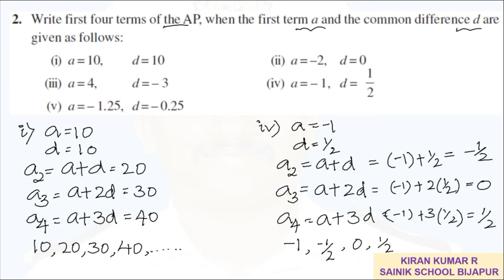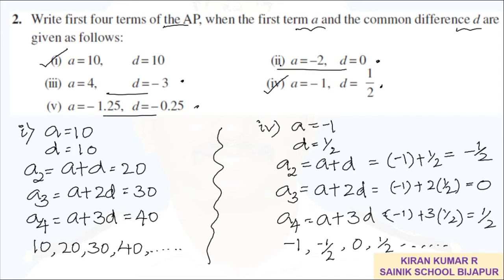Each time we get the common difference as 1/2. So I have solved the first question and the fourth question. Sorry, these three questions, the second one, third one, and fifth one, you can try.